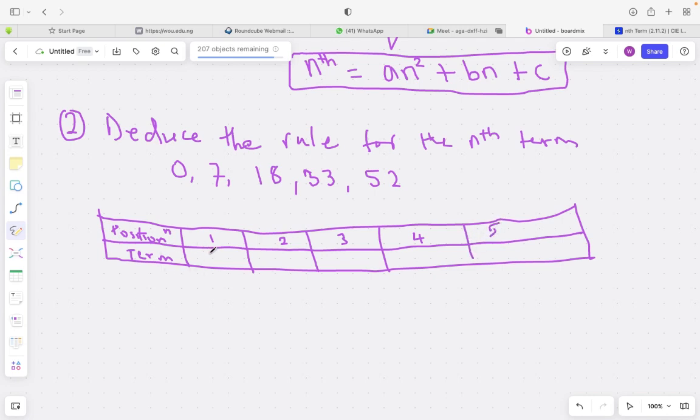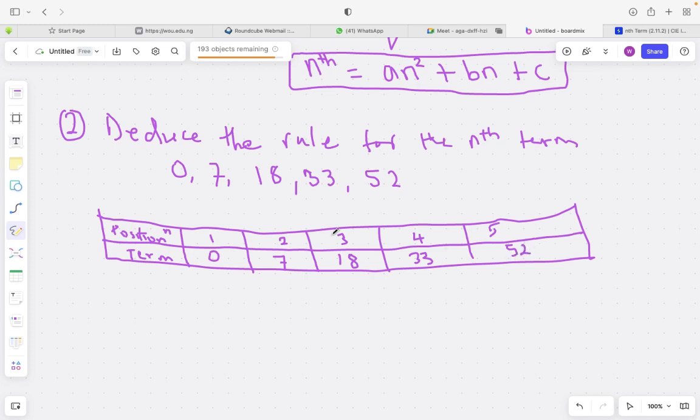Now these are the terms that are given to us: 0, 7, 18, 33, 52. This is the sequence that is given to us.